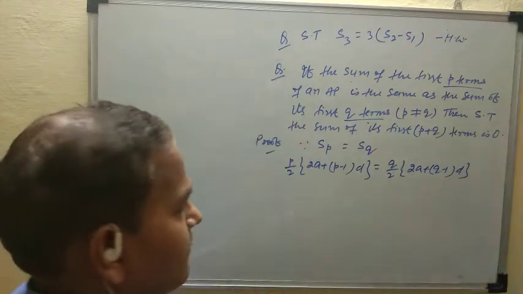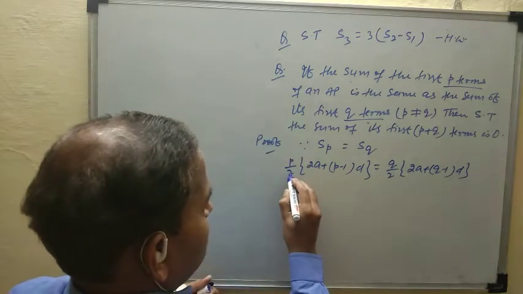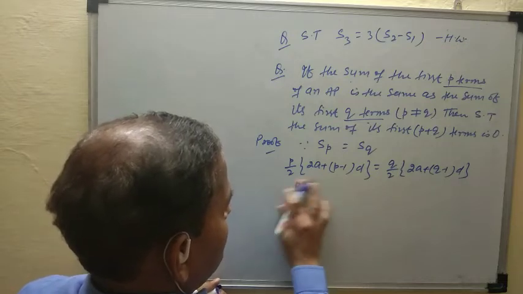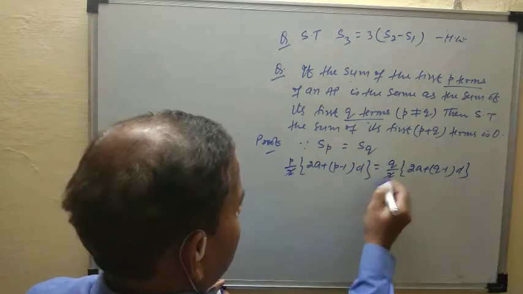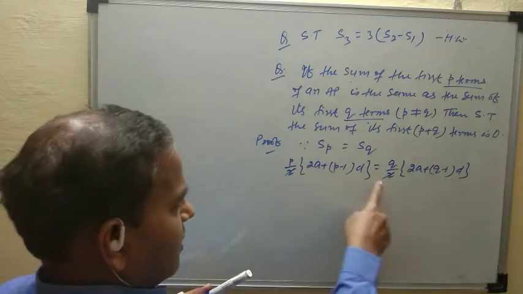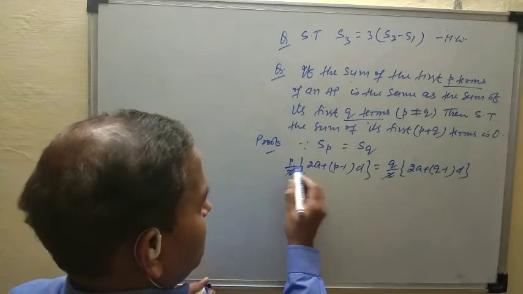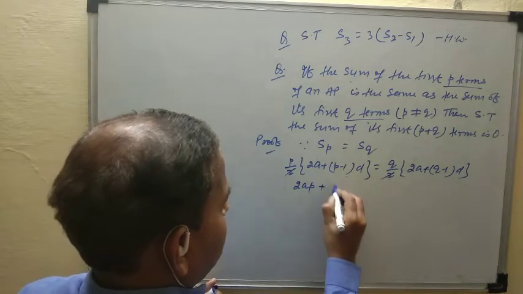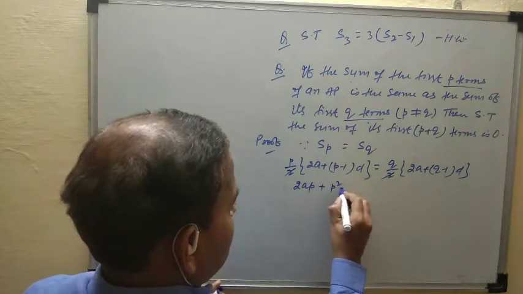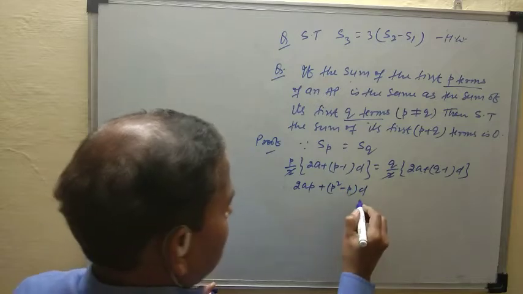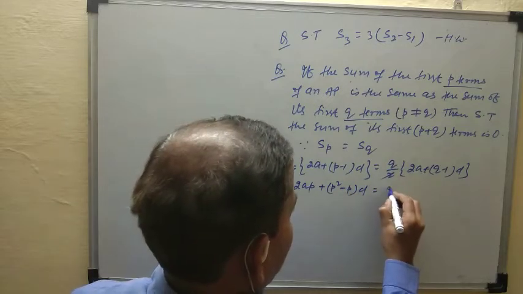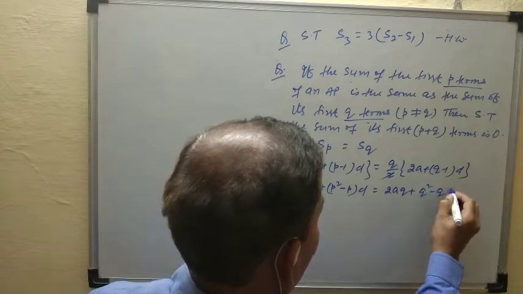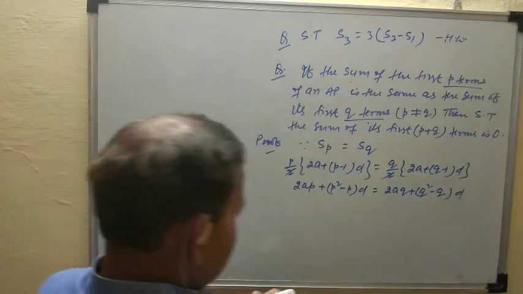Now open the bracket. The 2 on both sides cancels, dividing by 2. So now open the bracket: 2ap plus p square minus p into d is equal to 2aq plus q square minus q into d.